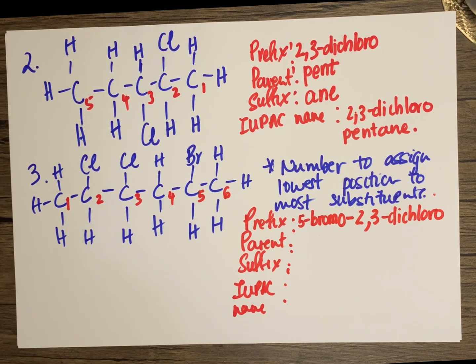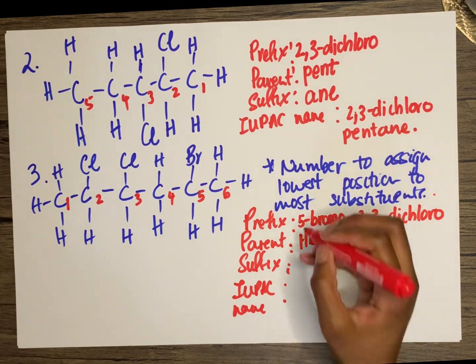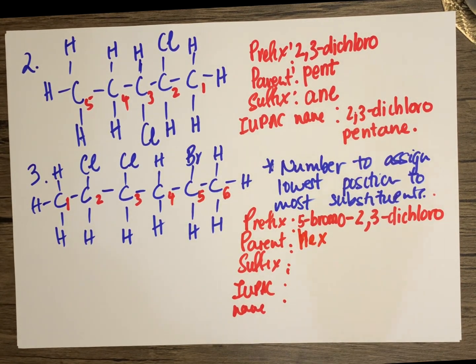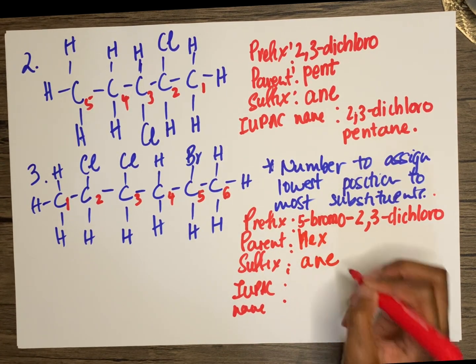Right? And then the parent, my parent chain has 6 carbons. So it's going to be hex. And it has single bonds only between adjacent carbon atoms. So it's hexane.